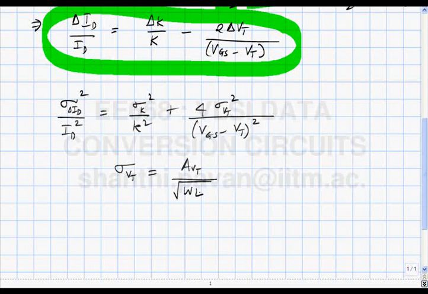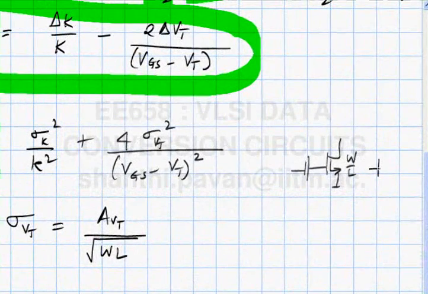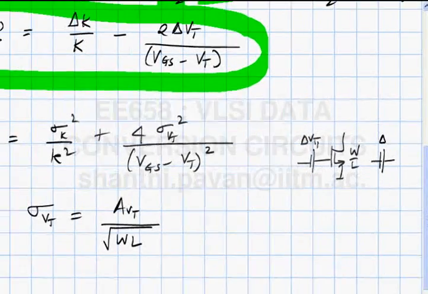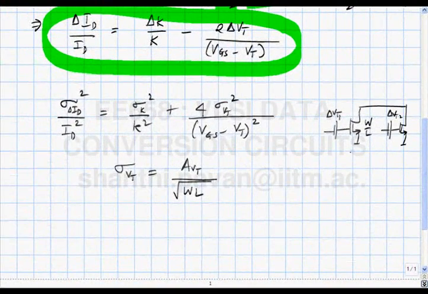If this is one transistor with size W by L, this is another transistor with size W by L, and this is some delta VT1, and this is delta VT2. Without these delta VTs, this is equivalent to a single transistor with a size 2W by L.